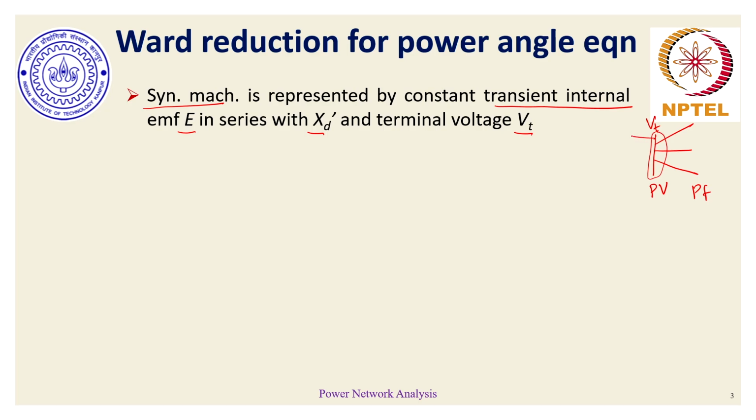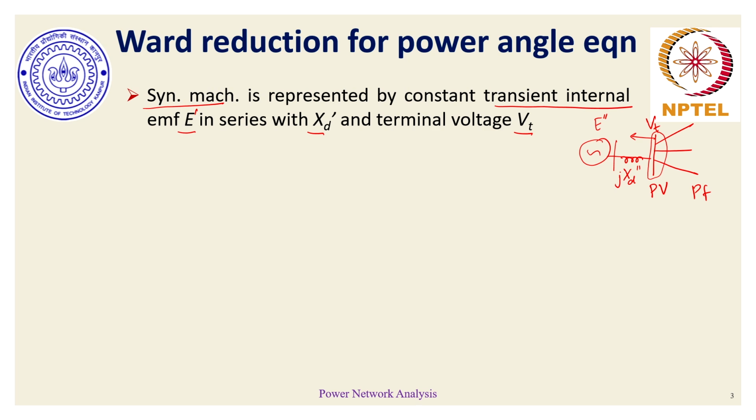We went inside the machine terminal and represented every synchronous machine in terms of its internal EMF E, or E dash if I call it, because E here is representing the transient situation. E double dash could be for the subtransient representation. And this internal EMF was in series with the subtransient reactance Xd double dash in fault analysis.